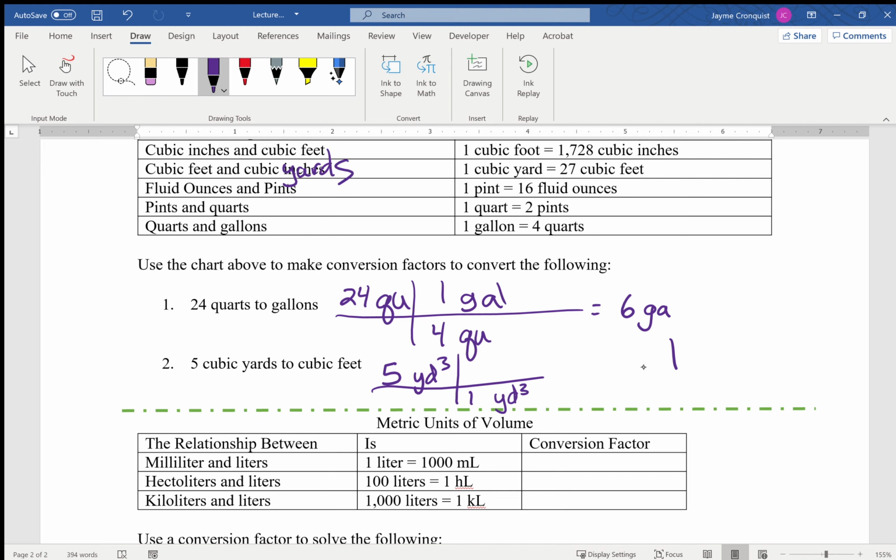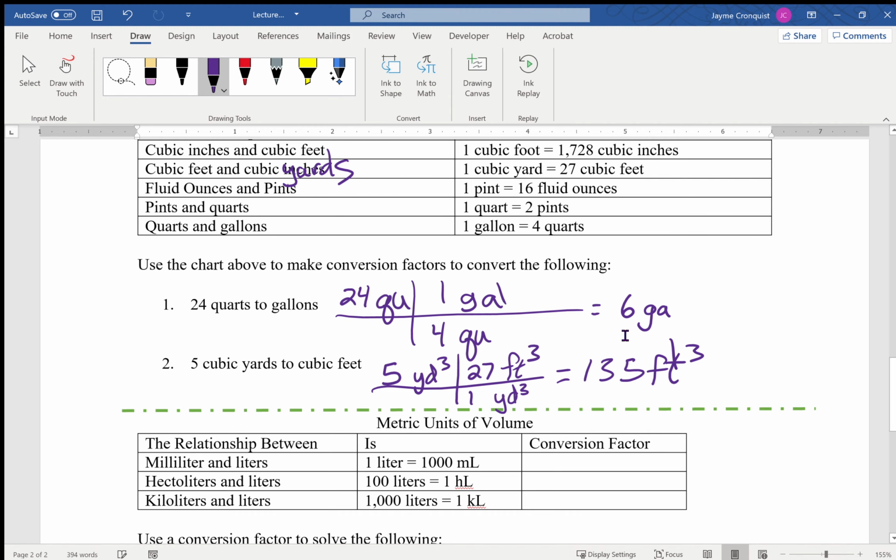So I have 27 feet cubed. All right, I multiply this. I end up with 5 times 27, which I think is 135. 5 times 27. Yep, I have 135 feet cubed.